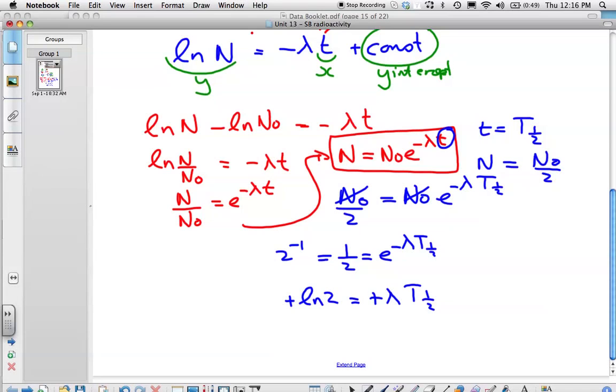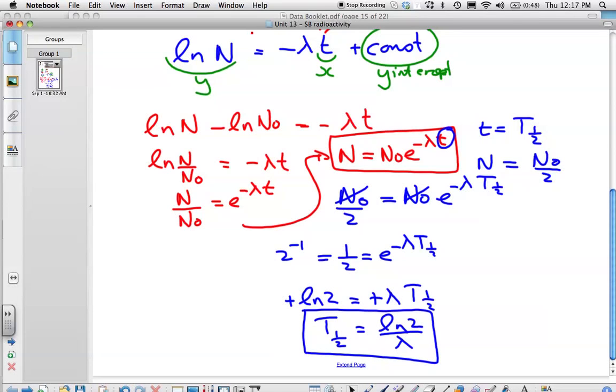And so we finally get our form of our equation that t to the half, the half-life, is equal to ln, the natural log of 2, divided by the decay constant, which is a very convenient, nice formula to be able to use. So we have there our two formulas that we are going to use.